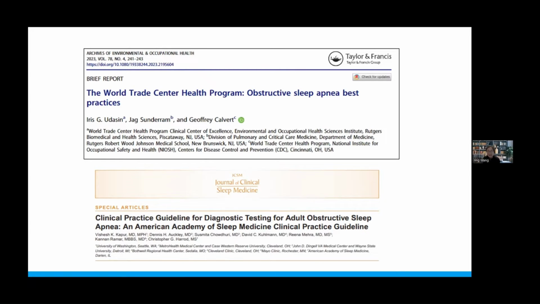The first one, which I think Raphael also emailed out to the group, comes from a series of best practices specific to the World Trade Center Health Program. This one focuses on OSA best practices. The article below it comes from the American Academy of Sleep Medicine, and there's another series of clinical practice guidelines ranging from diagnosis to management.